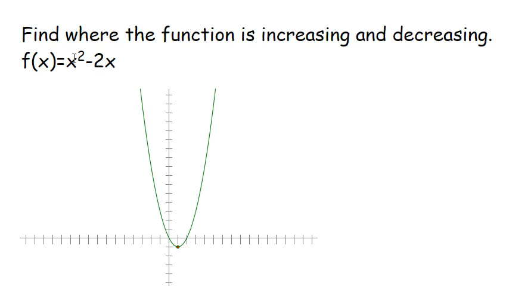Alright, so let's just see, x squared minus 2x, let's remember that. So we have f of x is equal to x squared minus 2x. The first thing we want to do is take the derivative.